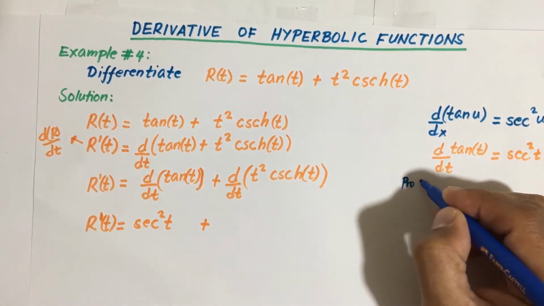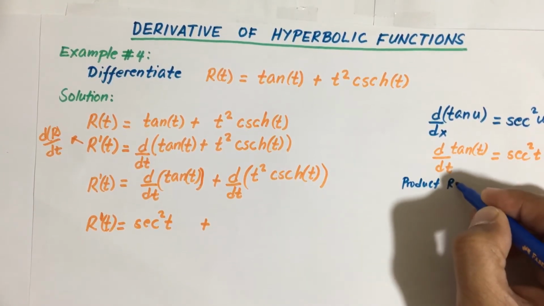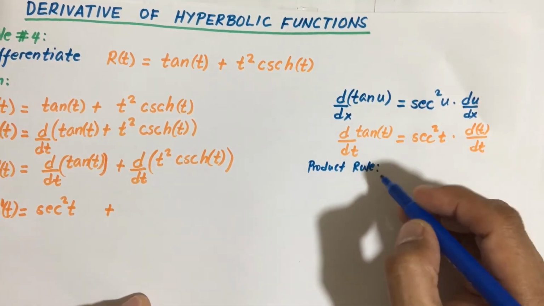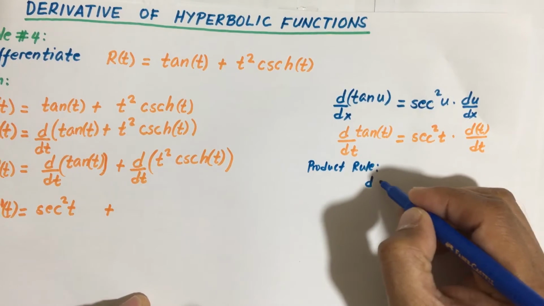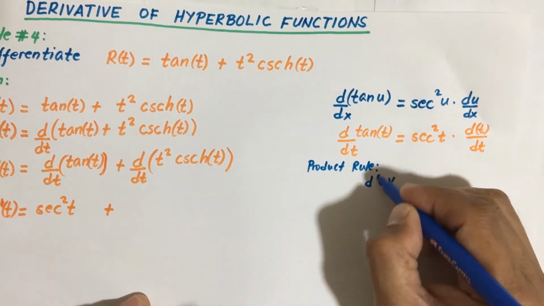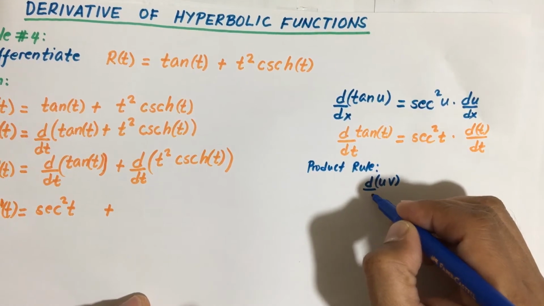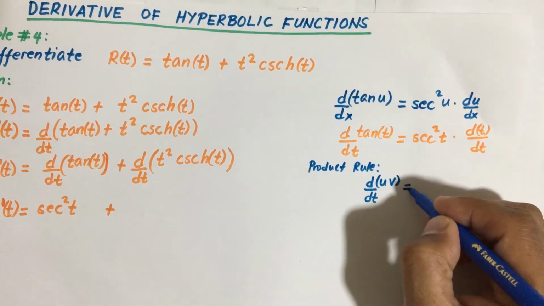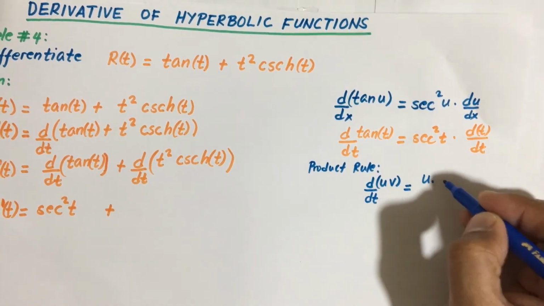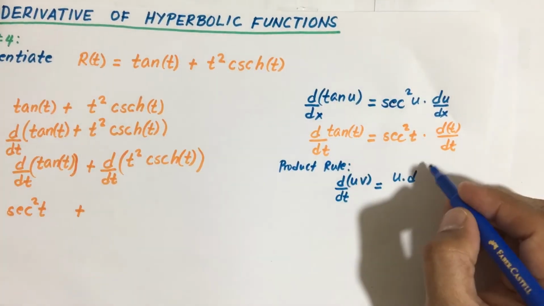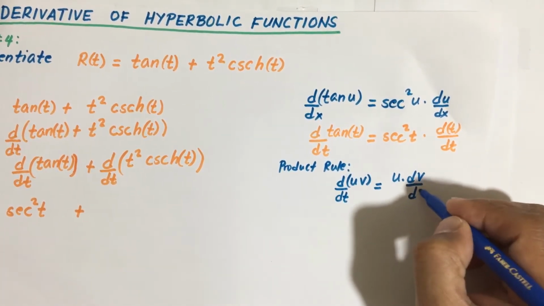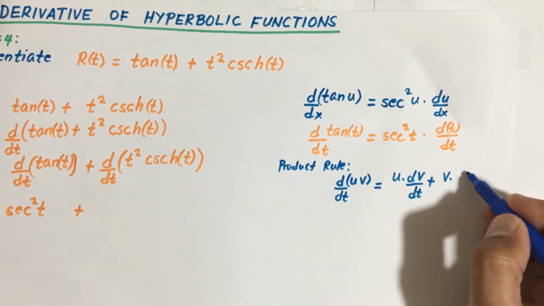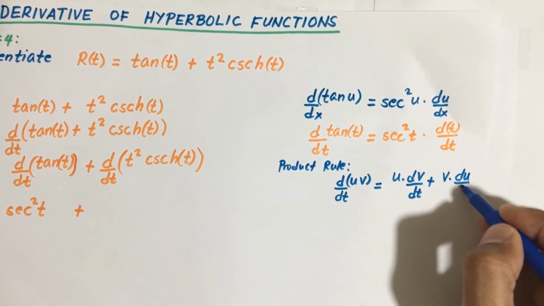Okay, so what's the product rule? The derivative of u times v with respect to t, since our variable is t, will be u times the derivative of v with respect to t, then plus v times the derivative of u with respect to t.